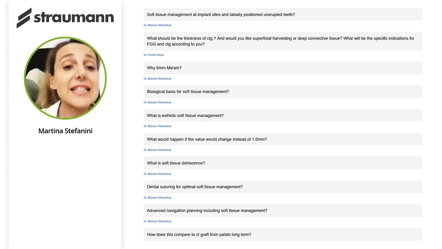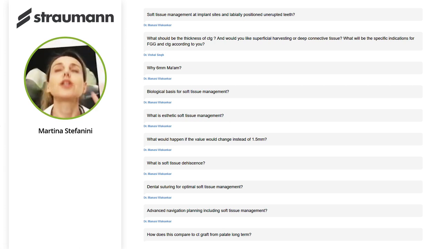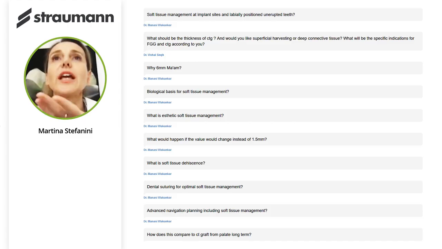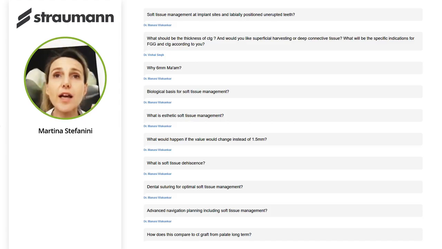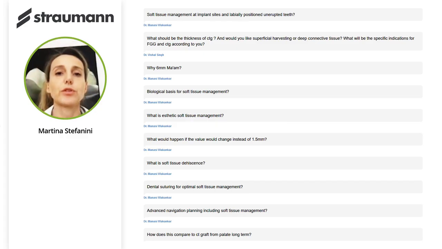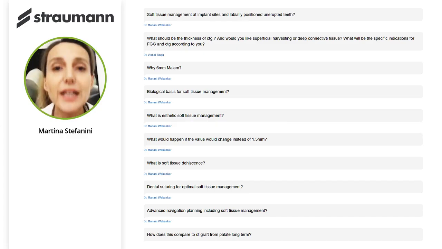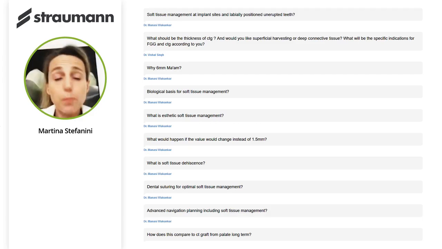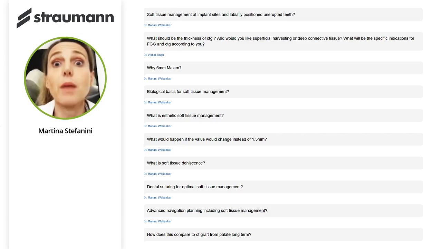And what is soft tissue dehiscence? The definition of soft tissue dehiscence is an apical position of the mucosal margin of the implant supported crown with respect to the ideal position. Which is the ideal position? This is the problem, because when we speak about gingival recession around teeth, we have a reference point, stable and fixed, which is represented by the cemento-enamel junction.